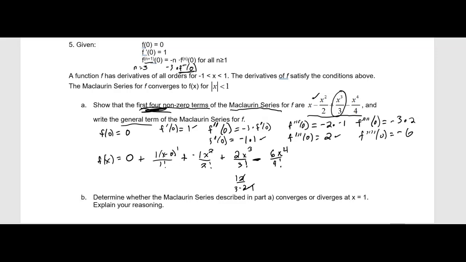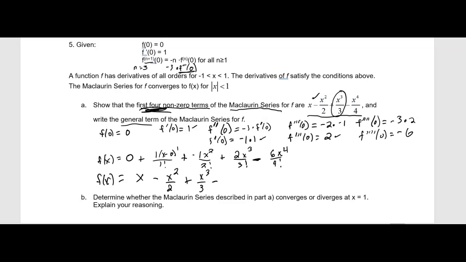They would expect you to simplify this when they're saying show how this happens. So now we would go through and simplify this. f of x would equal x, minus x squared over 2 factorial, which is really just 2. We mentioned how the 2 divided by 6 basically would give you a 1/3, so x cubed over 3.